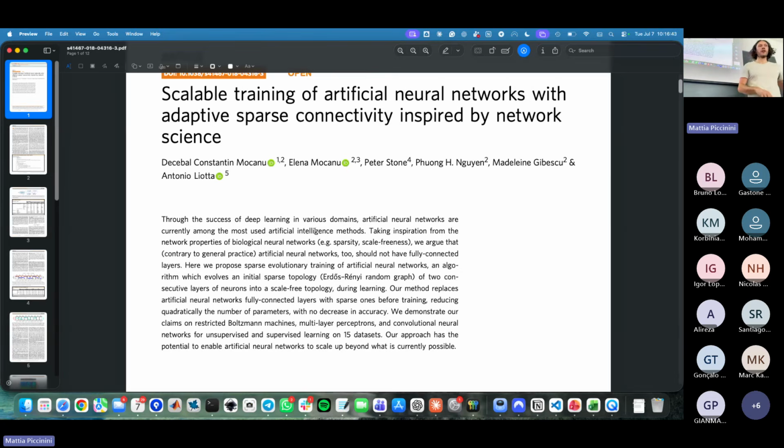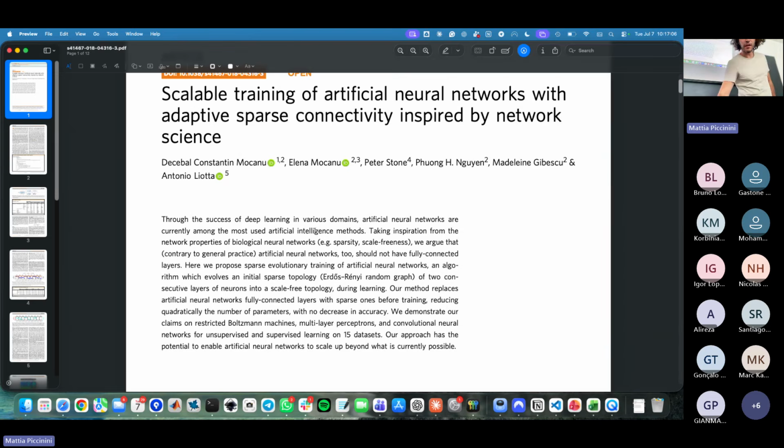I think this is one of the motivations behind why convolutional networks or transformers work well. They have a specific structure, but still they create not fully connected connections between layers. So this is one interesting point.